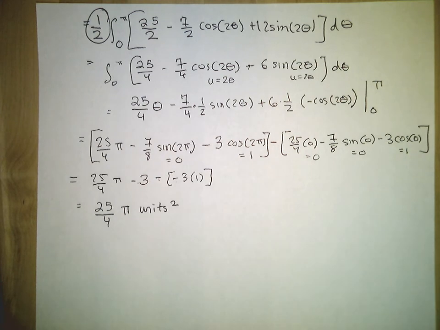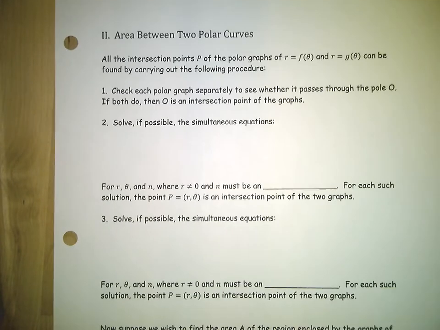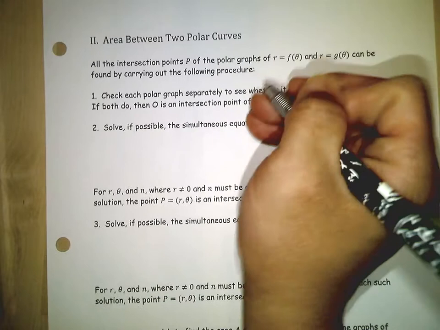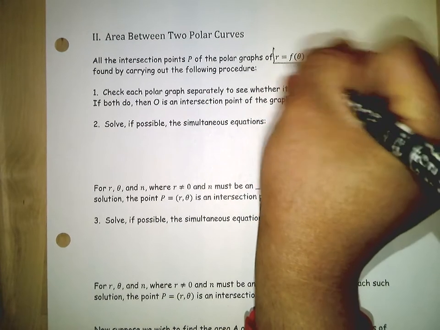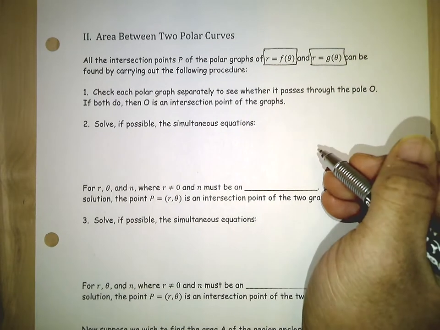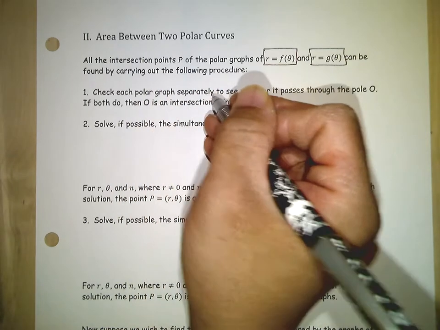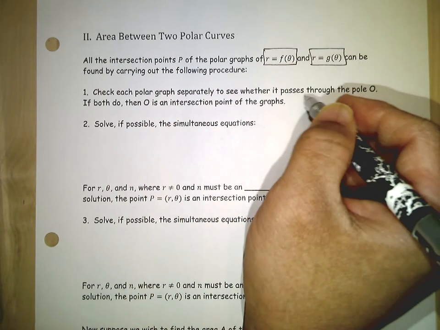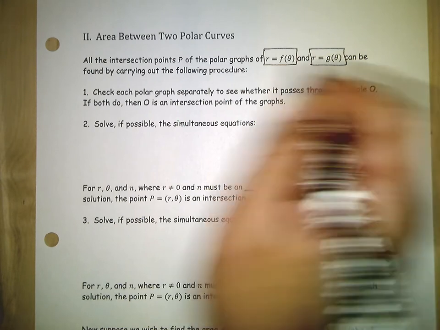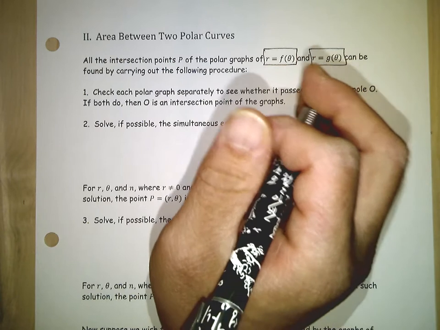All right, I really hope that you enjoyed this example, because now it is time for the area between two polar curves. All the intersection points of the polar graphs of r equals f of theta and r equals g of theta can be found by carrying out the following procedure. 1. Check that each polar graph is separately passing through the pole O, and if both of them do, then O is an intersection point of the graphs.